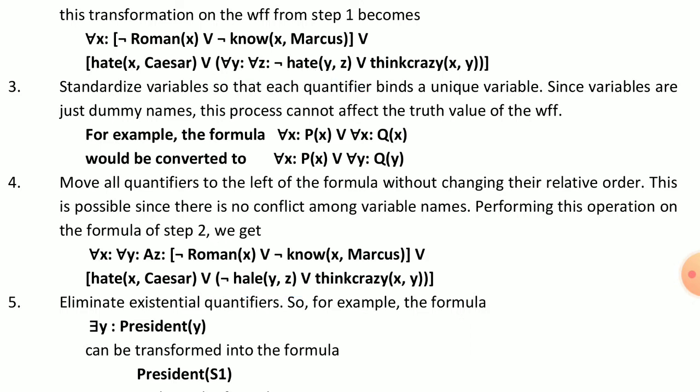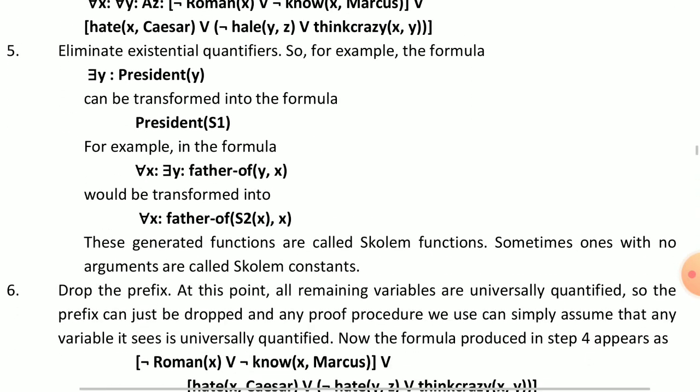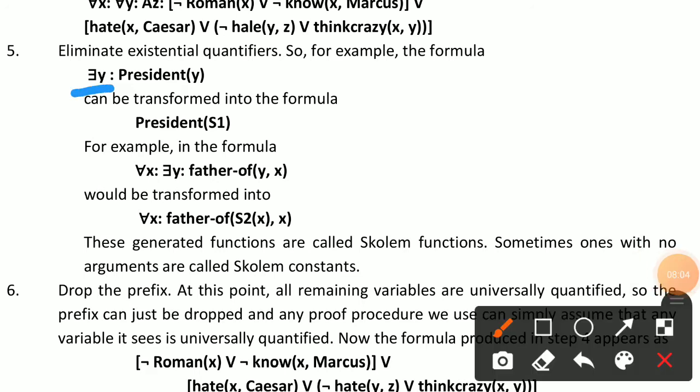Now step number 5: eliminate existential quantifiers. So for example, the formula there exists y, this is the symbol of there exists, there exists y President(y) can be transformed into the formula.